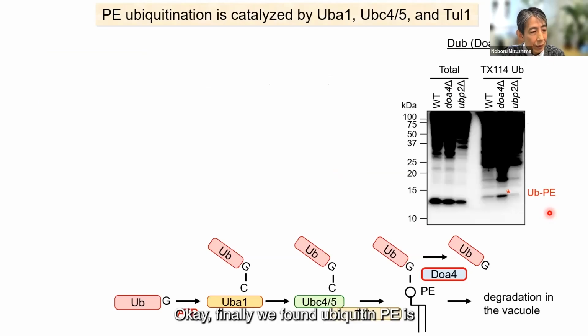Okay, and finally, we found ubiquitin PE is deconjugated by DOA4. So the fate of ubiquitin PE is either deconjugation by DOA4 or degradation in the vacuole.